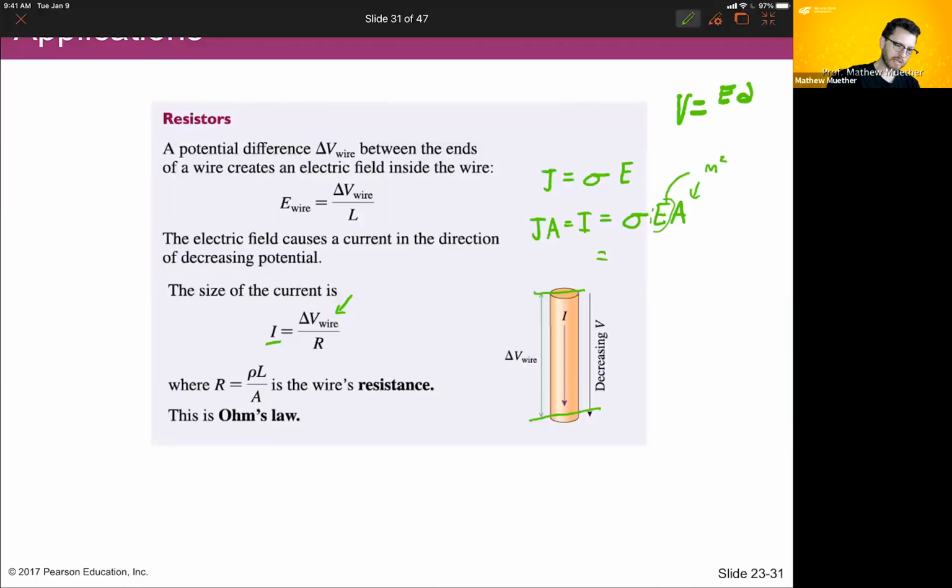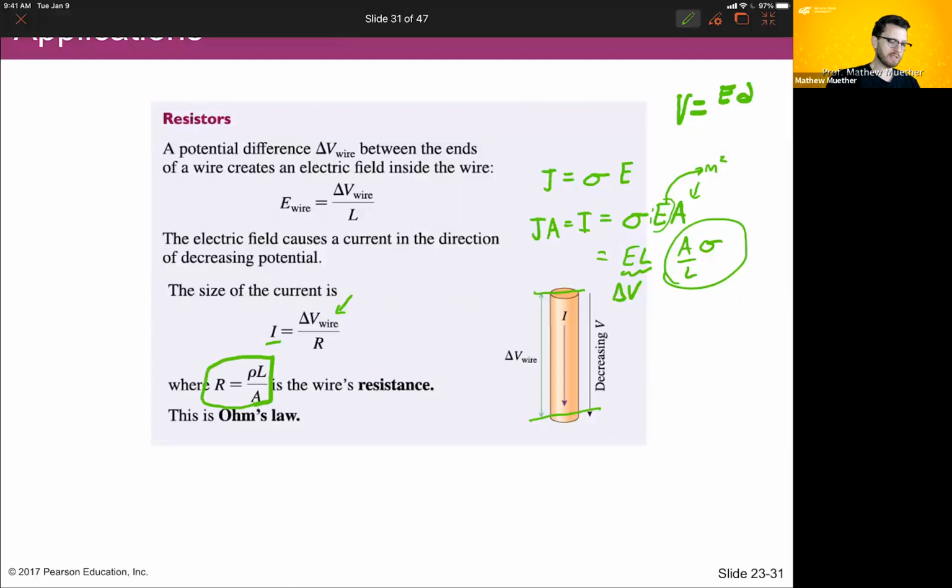So if I take E times L, that's the voltage, the delta V across this. And if I take A and divide that by L, I get something, and if I take the inverse of that, there's a collection of physical constants that are related to the quantity we call the resistance of the wire.